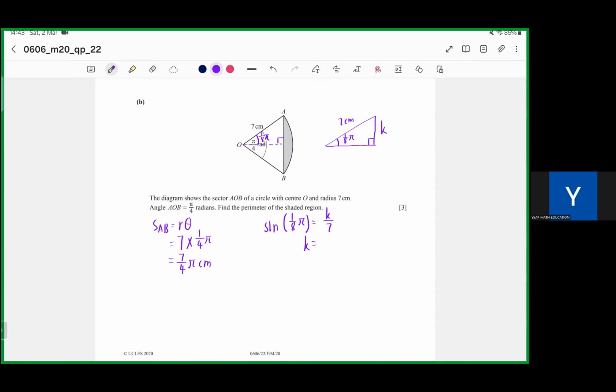Okay, don't forget this. So you will get 2.68 cm. So the straight line AB is 2.68 times 2, you will get 5.36 cm.